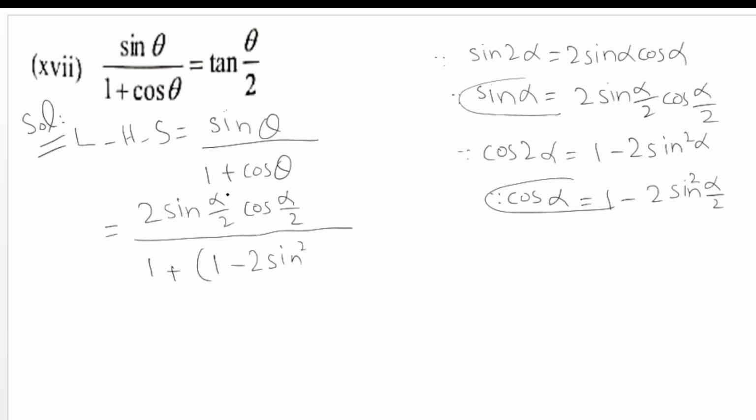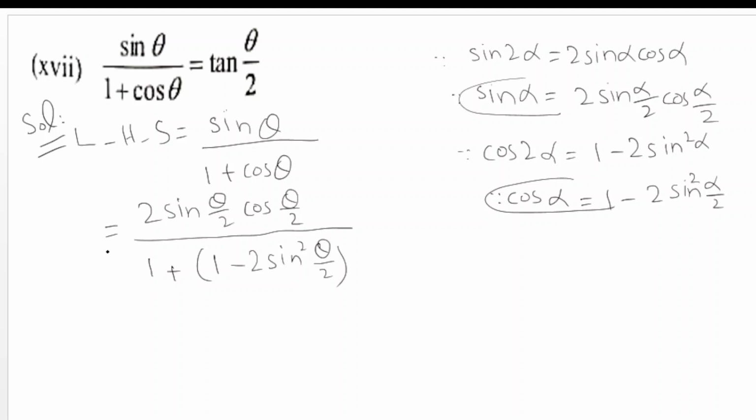So the question is basically in theta. So we need to put theta here instead of writing alpha. Okay. So I just write the formula in the form of alpha as you learned, in the form of alpha, most of the students, 1 minus 2 sine square theta by 2, like this.